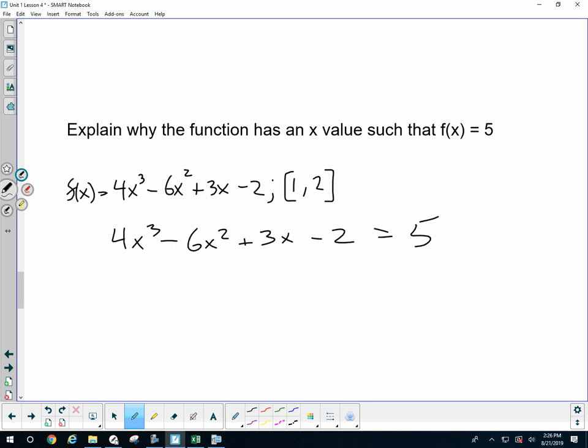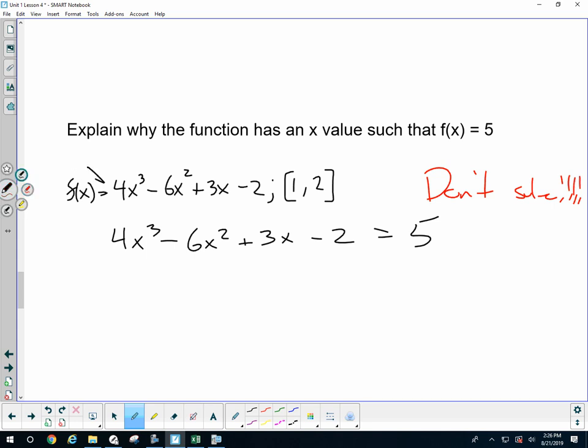You will not be able to. But you will be able to show that there is a solution, and you'll be able to show where that solution is located. You following me? Don't try to solve. You won't be able to. Instead, we're going to show that there is a solution. We'll be able to show exactly where that solution is located.